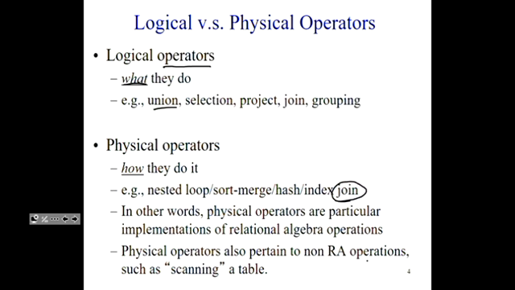You could do a nested loops join, a sort merge join, or a hash join, or an index join. All of these are possible implementations of join. So physical operators are particular implementations of relational algebra operators. Physical operators also pertain to some non-relational algebra operations, such as scanning the data. If you're just scanning the data, there's a physical operator for that as well. That doesn't really correspond to a relational algebra expression or an operator.